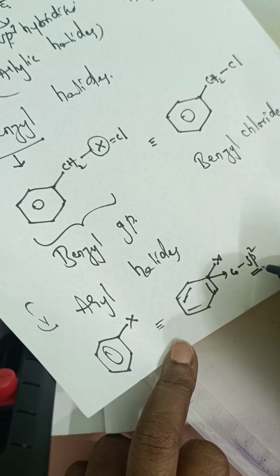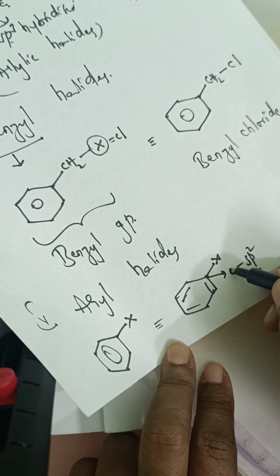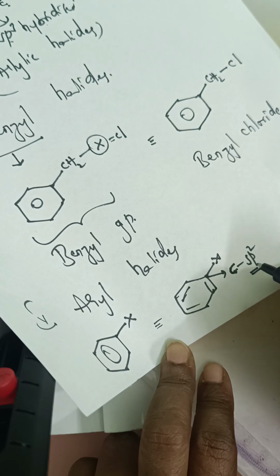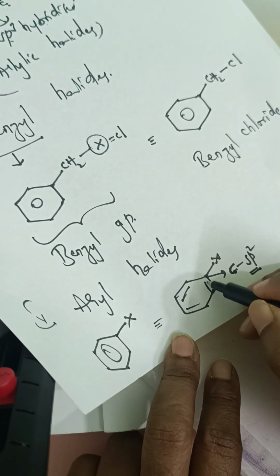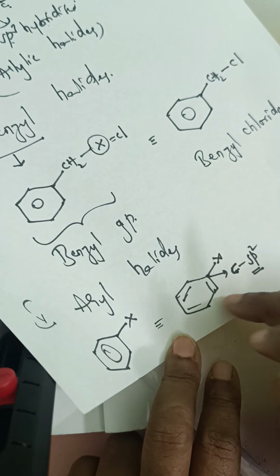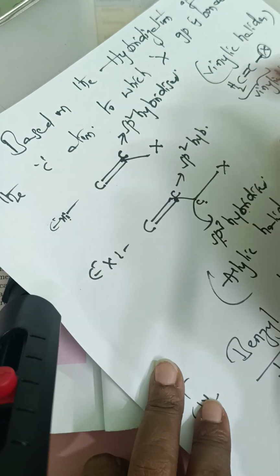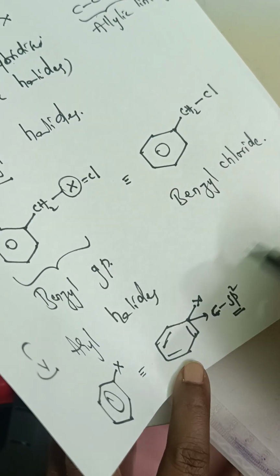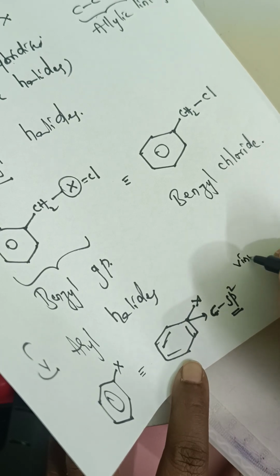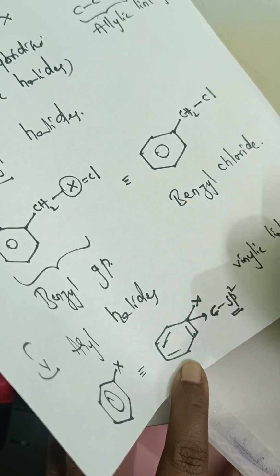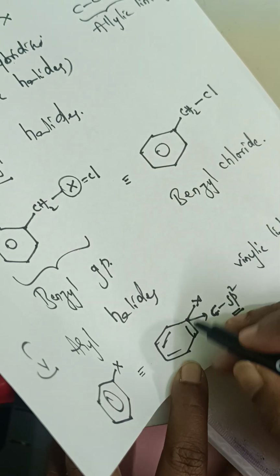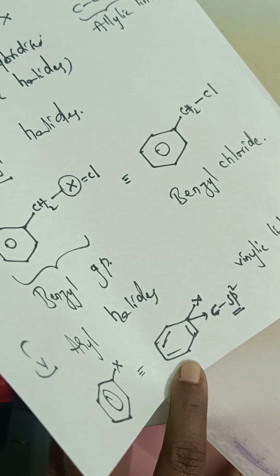This carbon atom is sp2 hybridized. As I explained before, this is a vinylic linkage. So vinyl halide is present here.